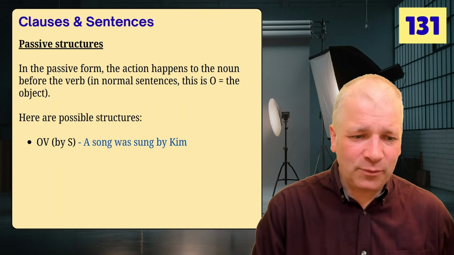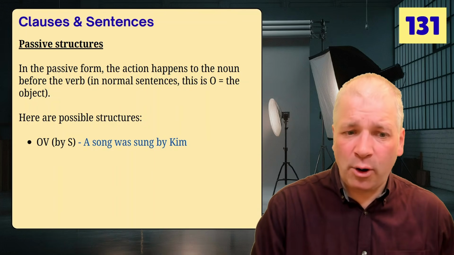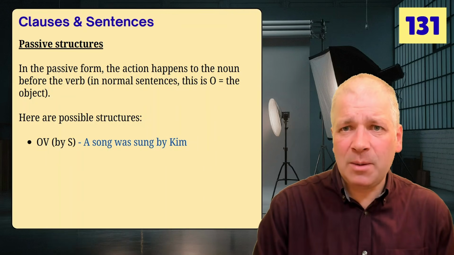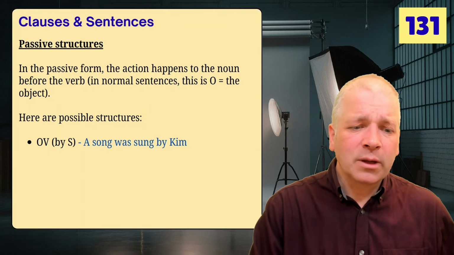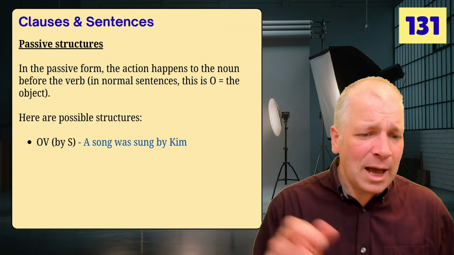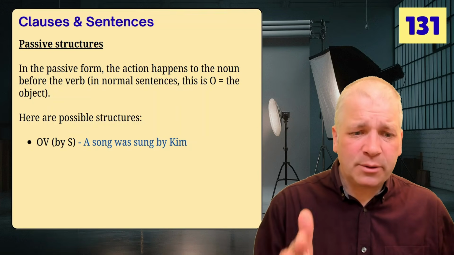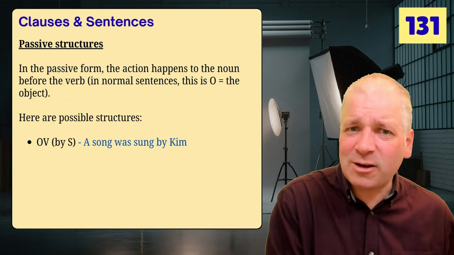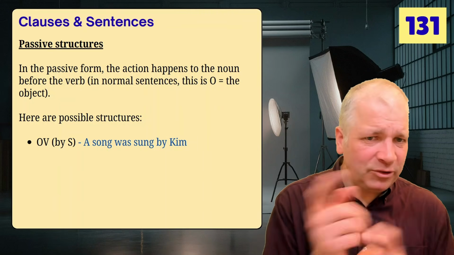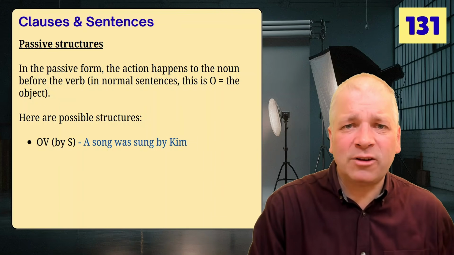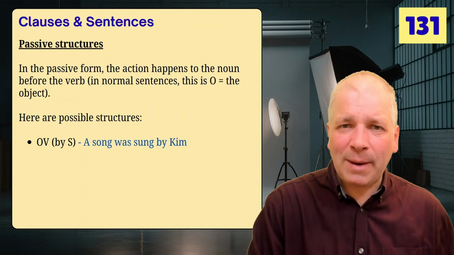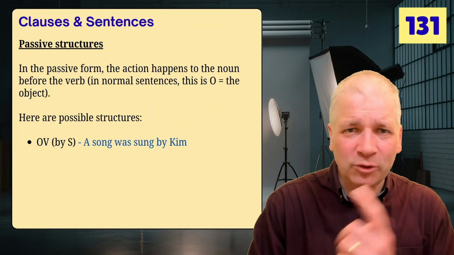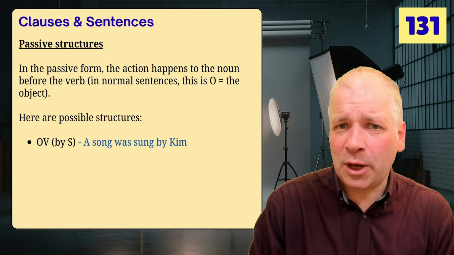OV, object verb, and then by S. A song was sung by Kim. So Kim sings the song, so it all goes backwards. Kim comes last, the action comes before that, and the thing that's affected by the action goes at the beginning. So it switches the whole order, so the thing affected by the action goes first. It's called the passive form. We'll look at that in more detail in a later part of the video.